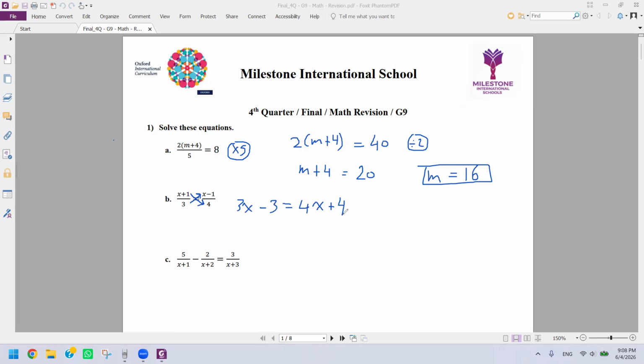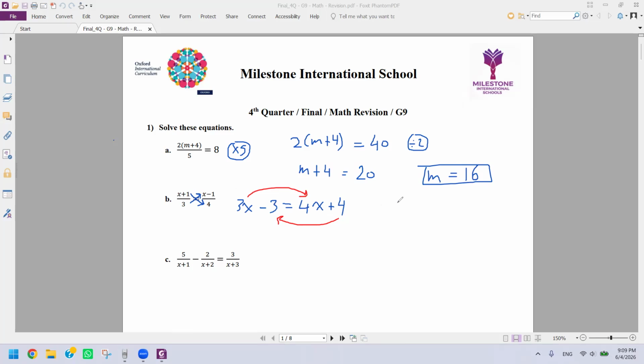Now we need to keep the variables on one side, the numbers on the other side. So always let the smaller one go to the other side. So let 3x go to the right side, and we let 4 go to the left side. And you know, when I change something from one side to another, I have to change its sign.